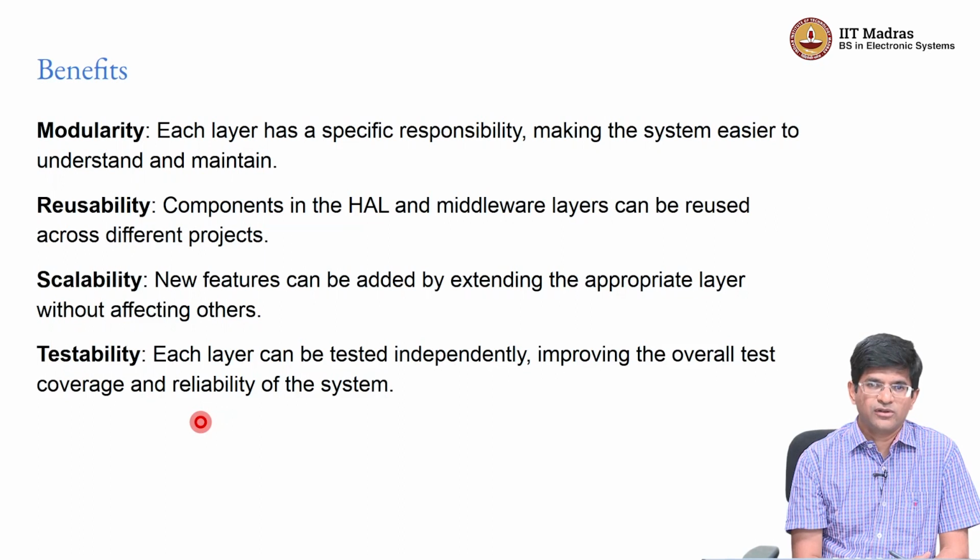If I had a new kind of light bulb or a new kind of actuator that I wanted to add into the system, I could just concentrate on extra functions for that without having to modify the rest of my code. And the entire system is also more easily testable because I can write unit tests that test each of these individual functionalities without necessarily being concerned about how the overall system works.